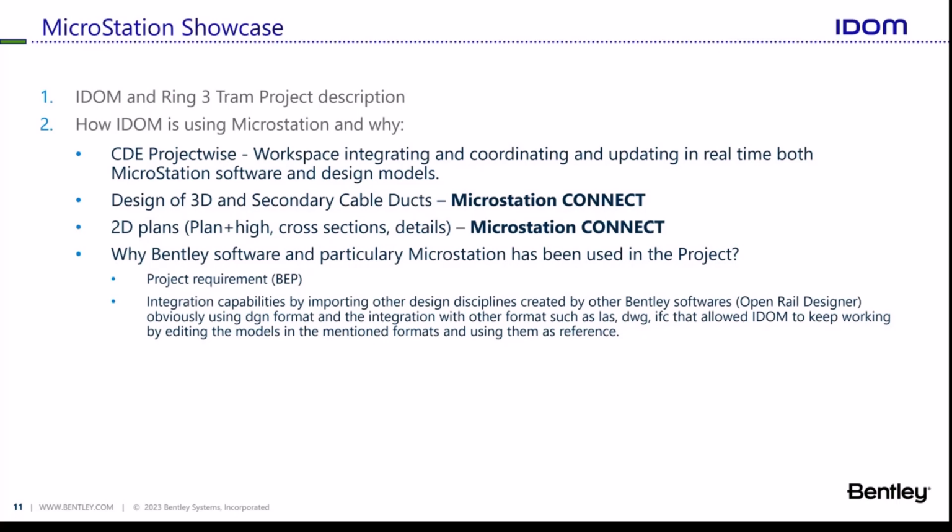It has been used also for the 2D plans: plans, cross sections, longitudinal profiles, etc. And obviously we need to use the ProjectWise software, which allows the workspace to be integrated, so we can coordinate and update all the models and drawings in real time using any Bentley or even other kind of software, as I said, MicroStation and OpenRail in this session here.